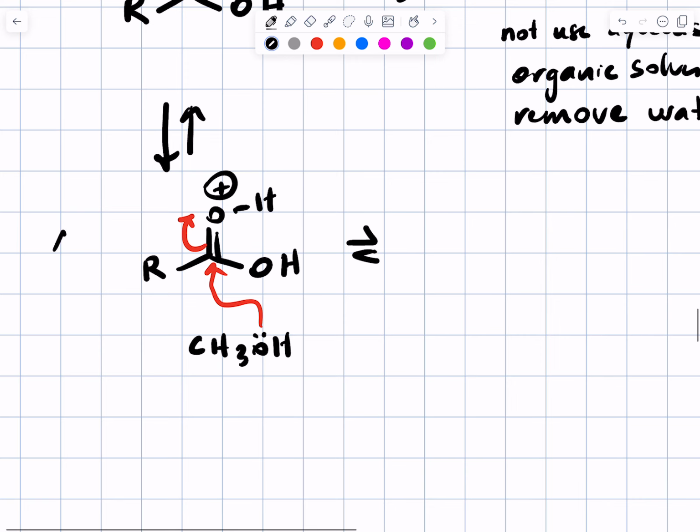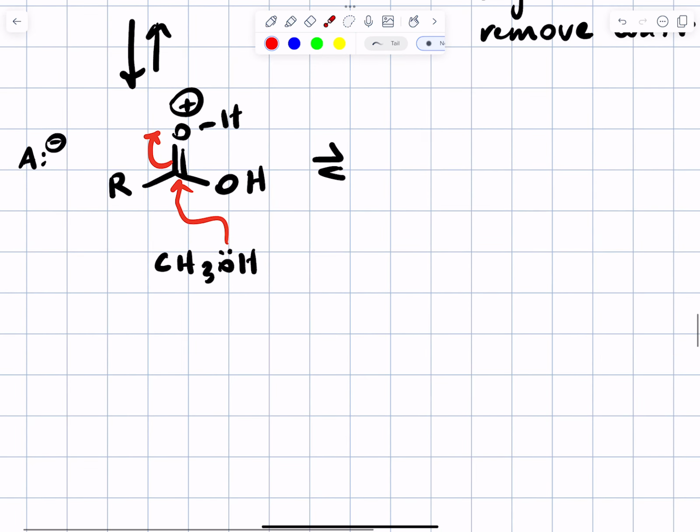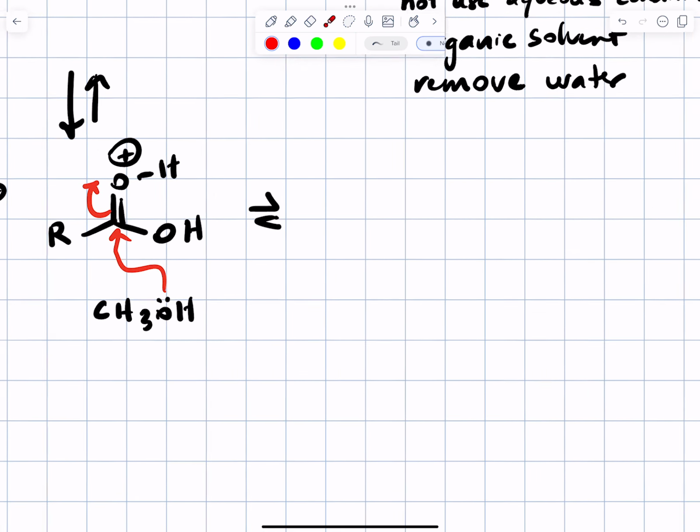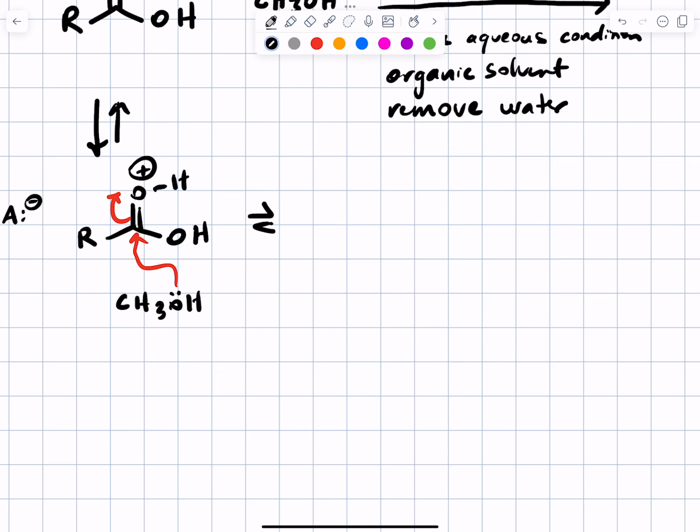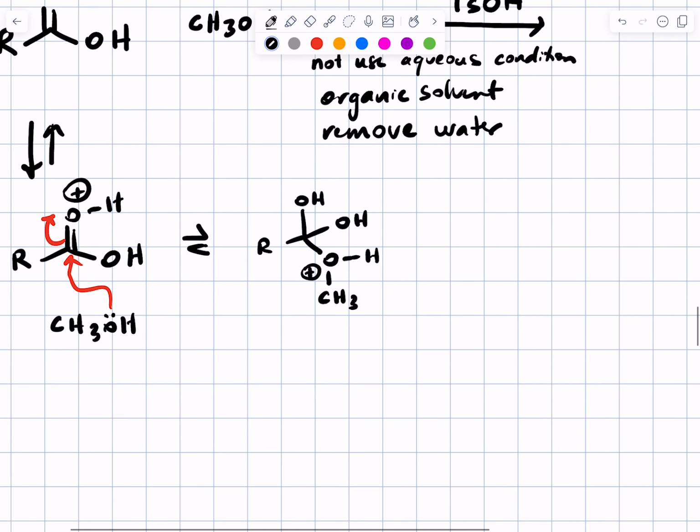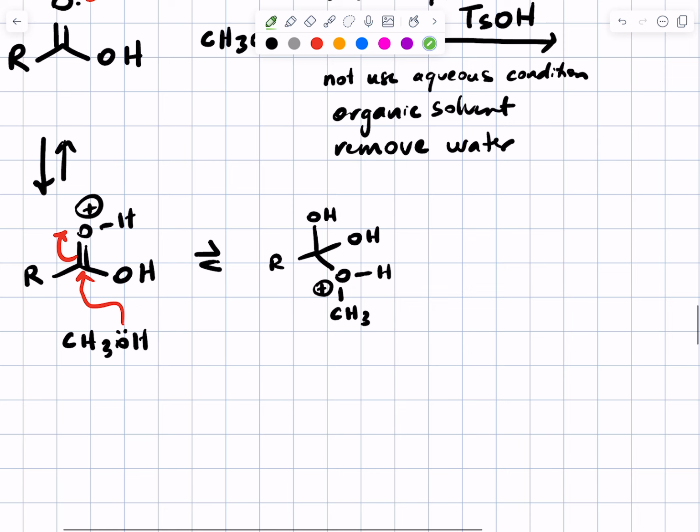Of course, at this stage, the acid catalyst could deprotonate the oxonium ion and go back to starting material. But if instead the nucleophile attacks the carbonyl carbon, we get this intermediate. Notice how that is the same as the corresponding intermediate in ester hydrolysis.